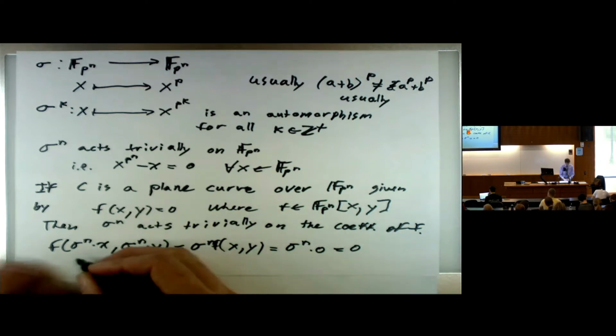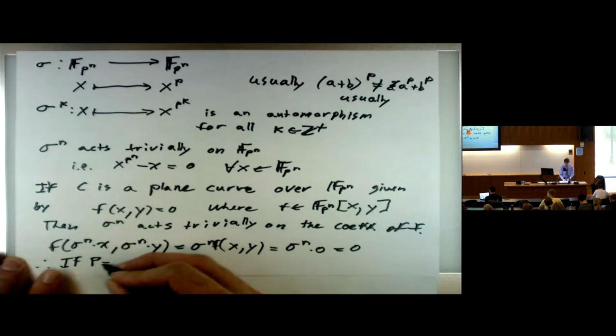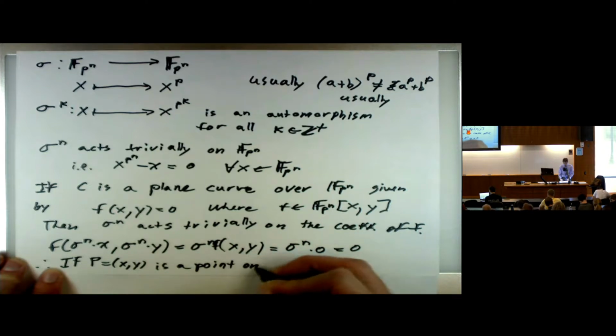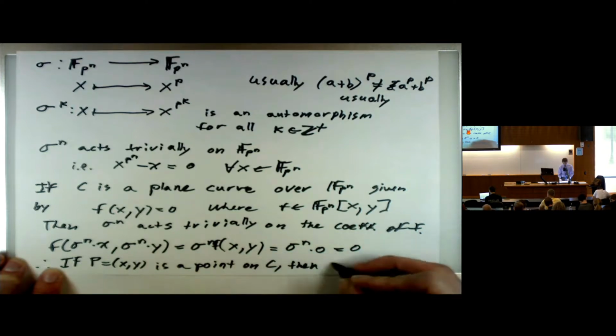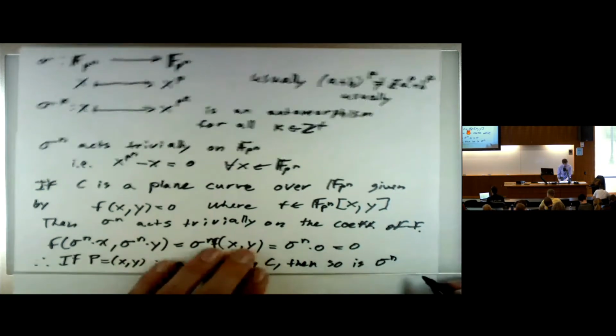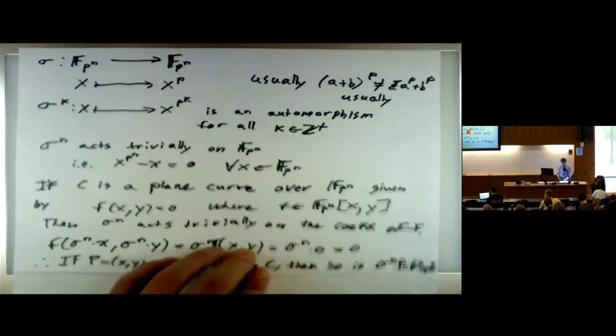So therefore, if P = (x, y) is a point on C, then so is sigma^n(P) = (sigma^n(x), sigma^n(y)). Running out of room there.